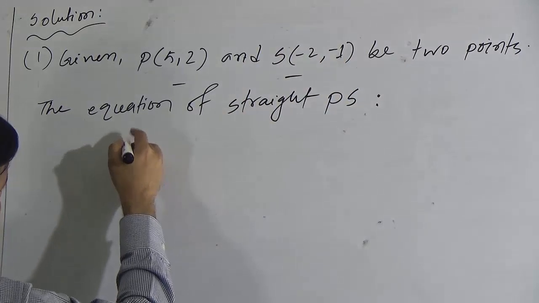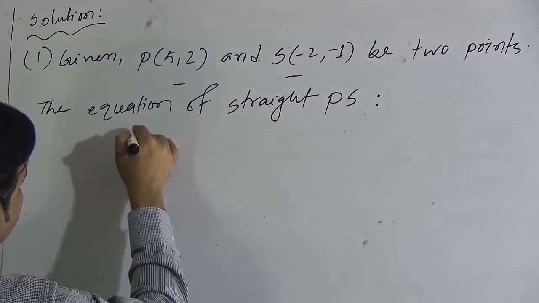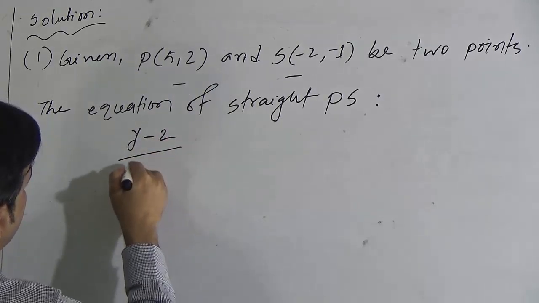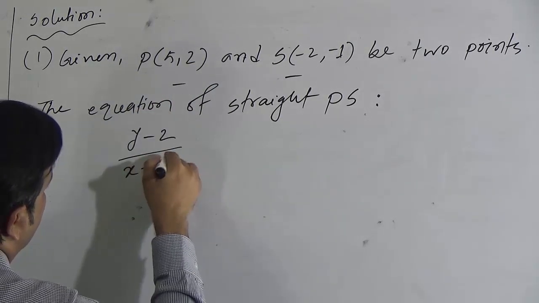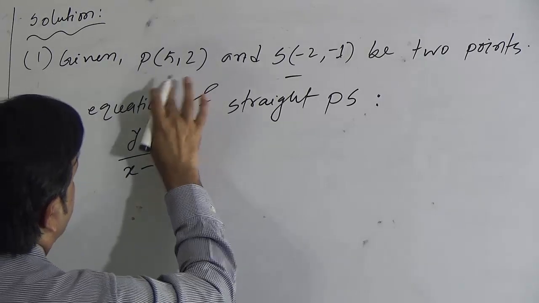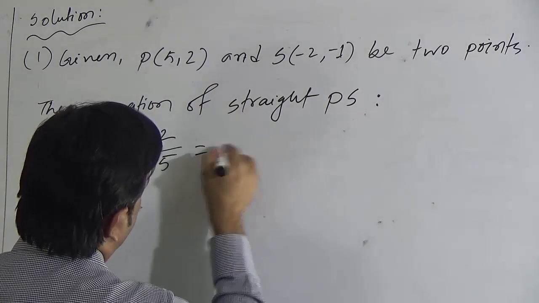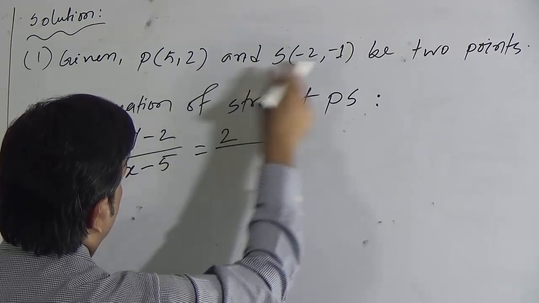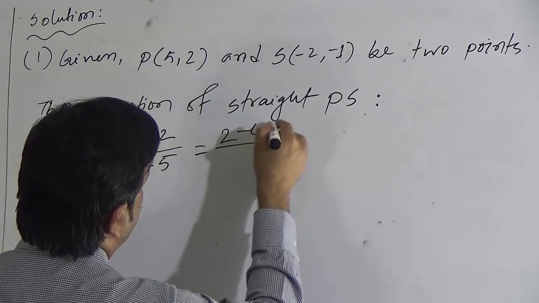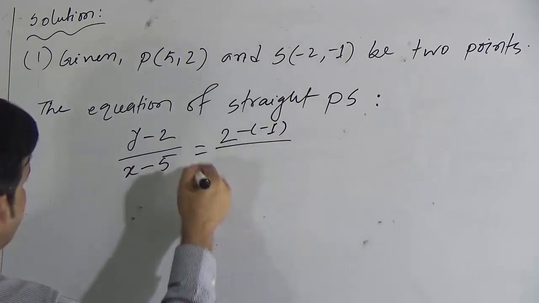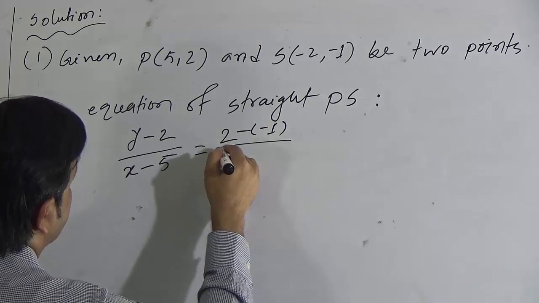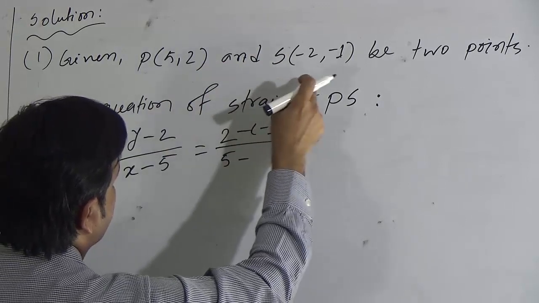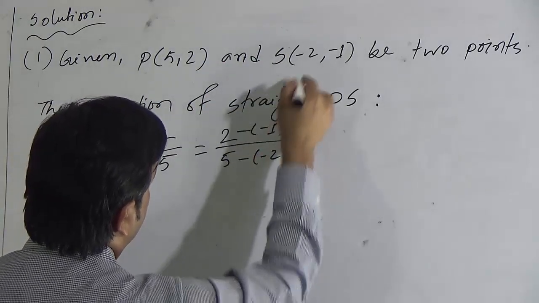So we can write the formula here: y minus y1, y1 means 2 here, by x minus x1, x1 means 5 here, is equal to y1 minus y2, y1 means 2, y2 means minus 1, by x1 minus x2, x1 is 5, x2 is minus 2.